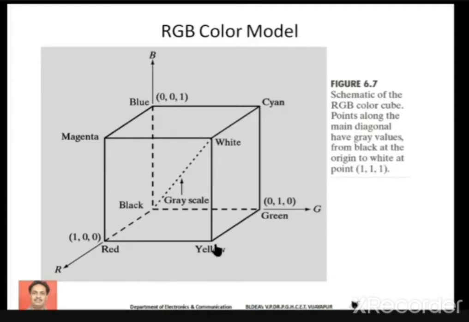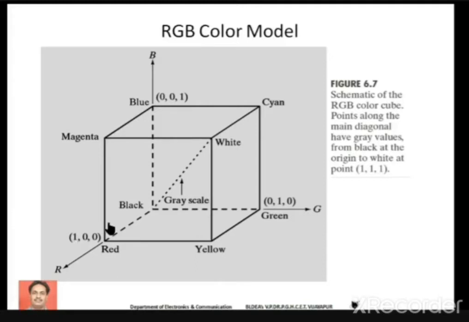If you look at this RGB cube, you can observe that red, green, and blue form three corners of the cube. If you look at red, here we have written it as 1, 0, 0.